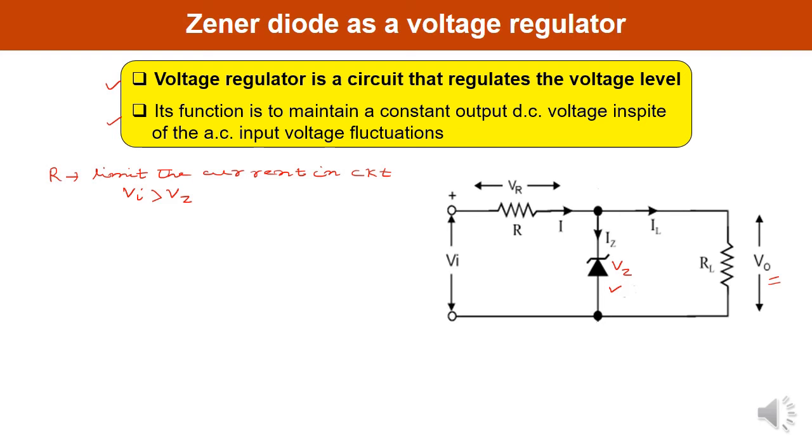Here you can apply KVL and write down VI is nothing but I, the current passing through the resistance, into R plus VZ. So from here you can write down I is nothing but VI minus VZ upon R.